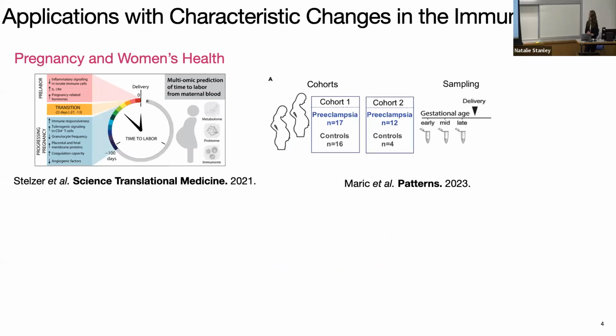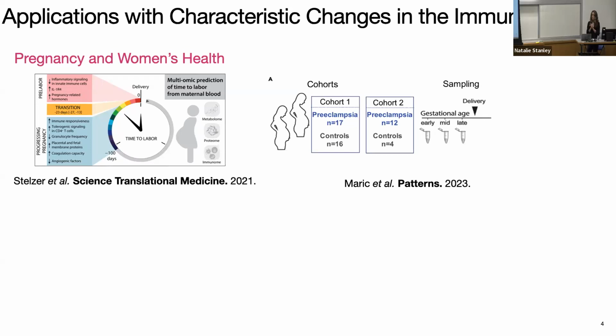I wanted to give you a couple of examples of problems that I've worked on where the immune system really has characteristic changes that drive particular diseases or health outcomes. So the first major area of focus that I had, especially as a postdoc, was in pregnancy and women's health.